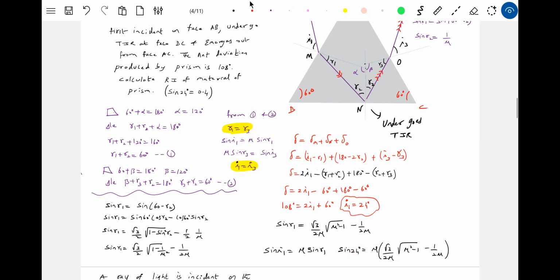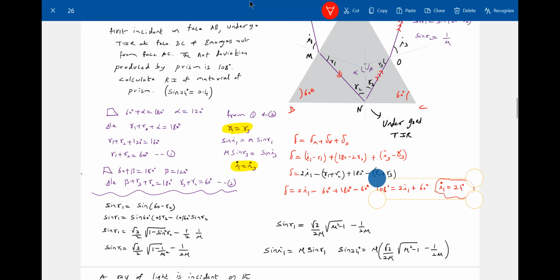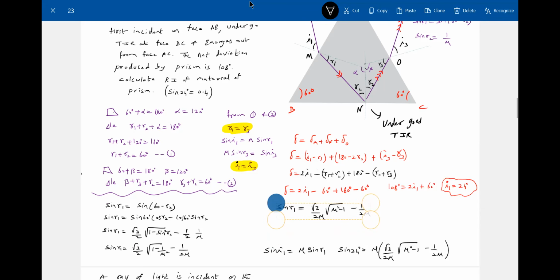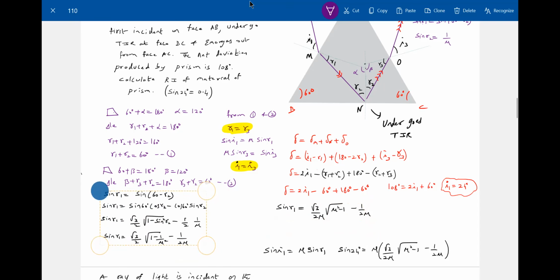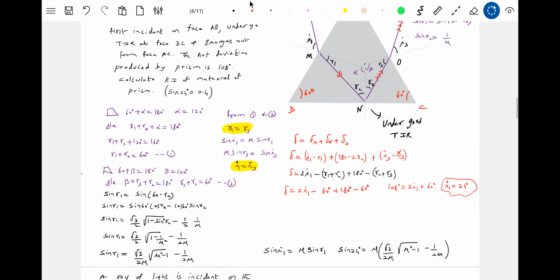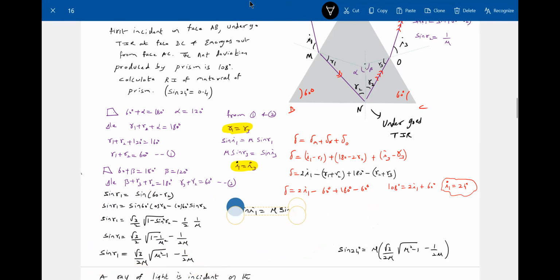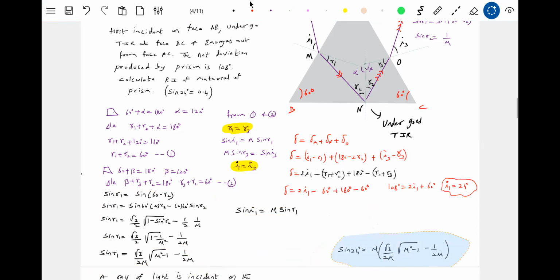I need place. Now I can show all the things.